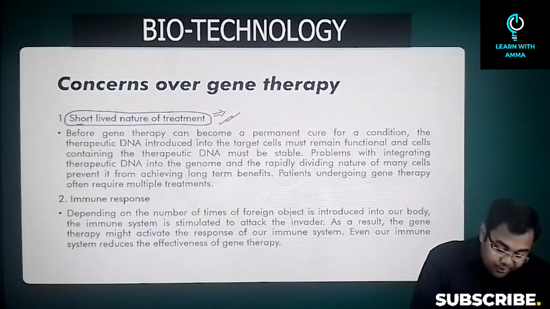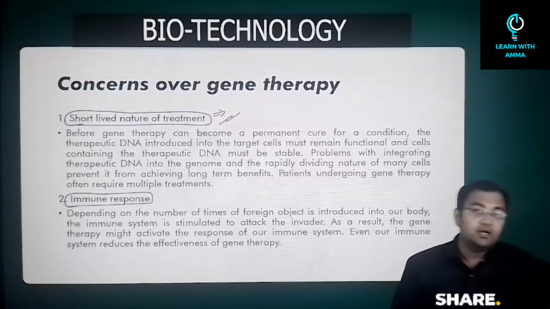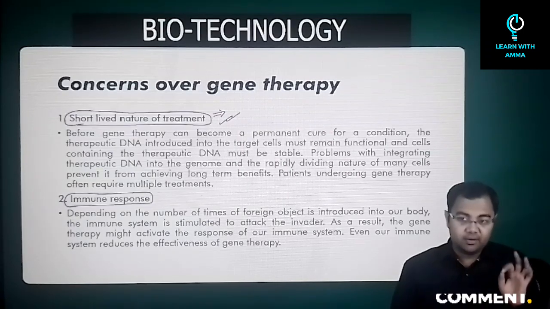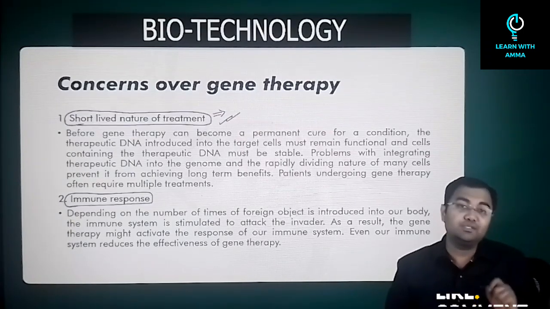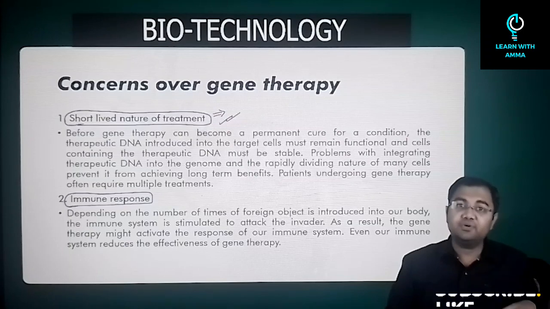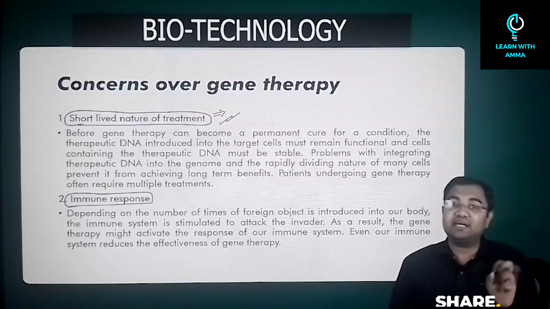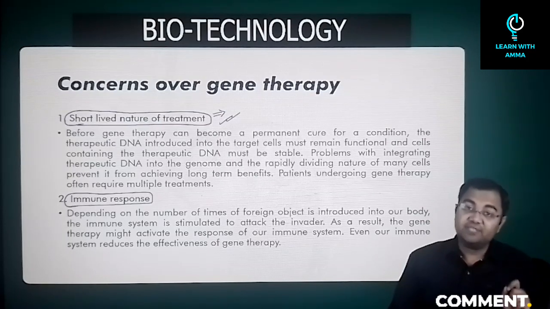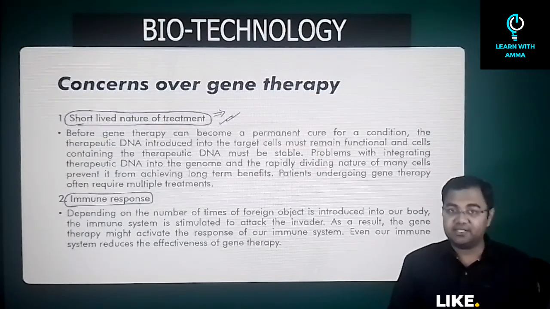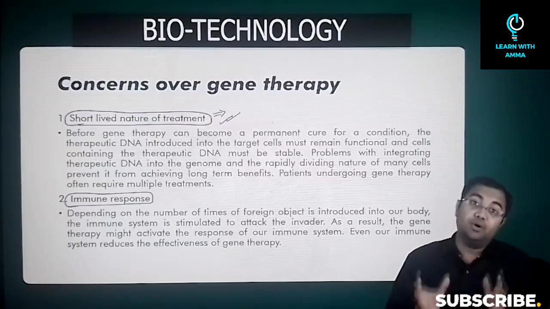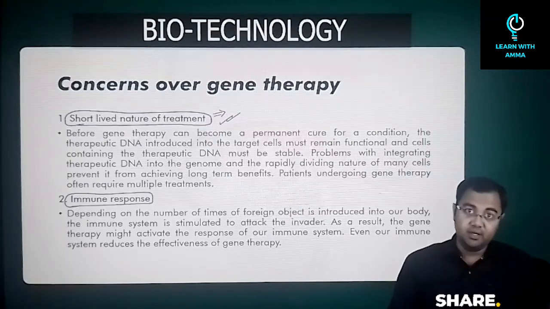Then after that, immune response. Now just know this: why do, for example, vaccines work for us? Vaccines work for us mainly because our body sees even the vaccine as something foreign. So it starts to act against this vaccine, and it starts to produce a lot of antibodies against it.